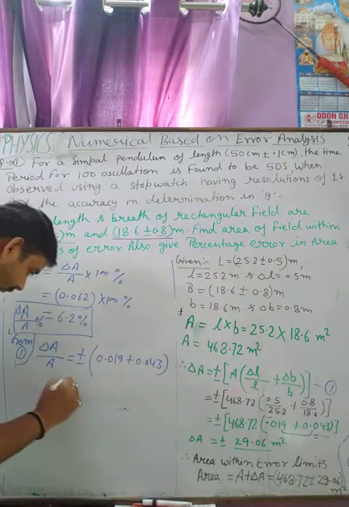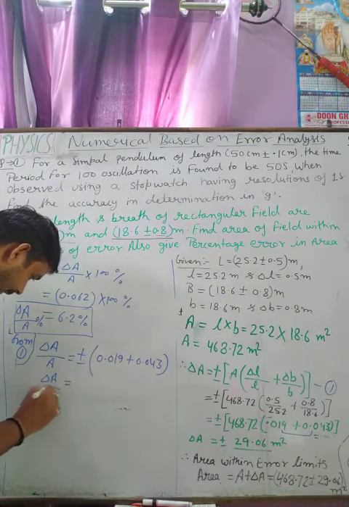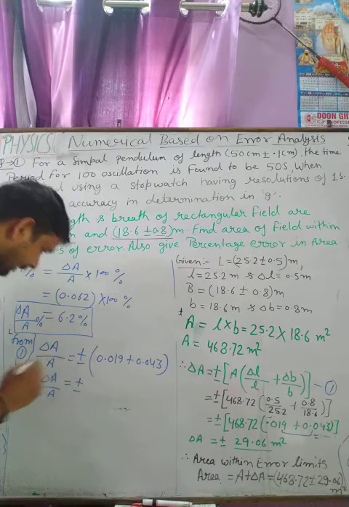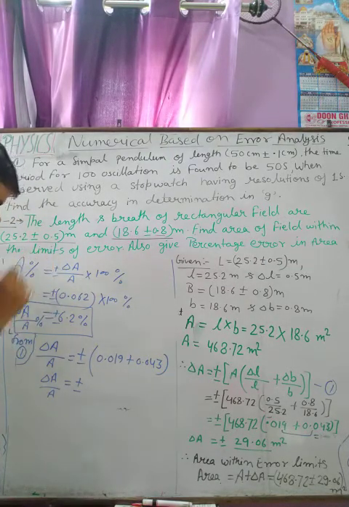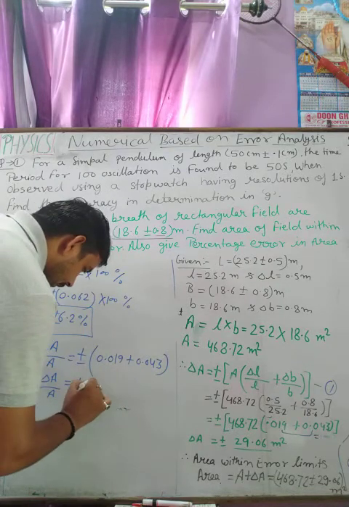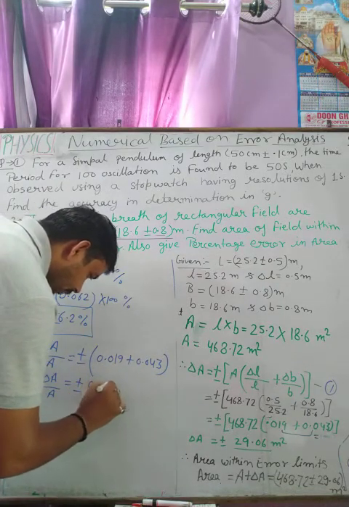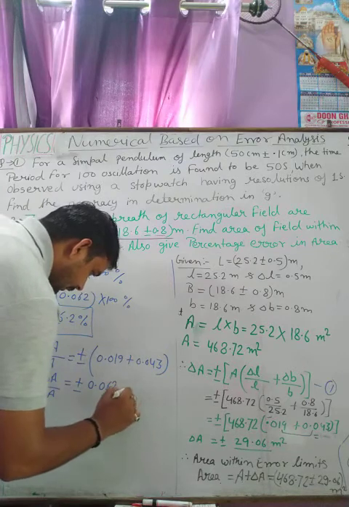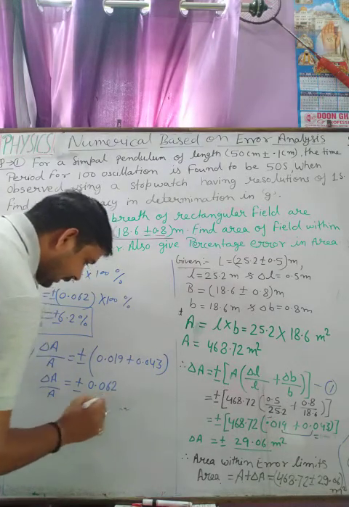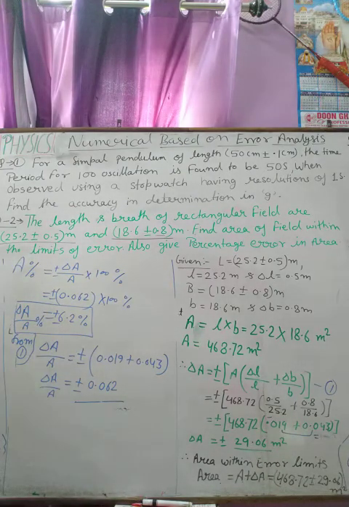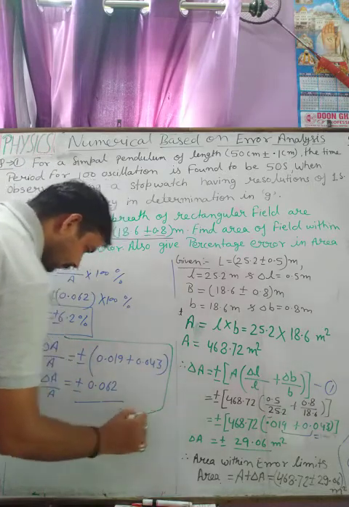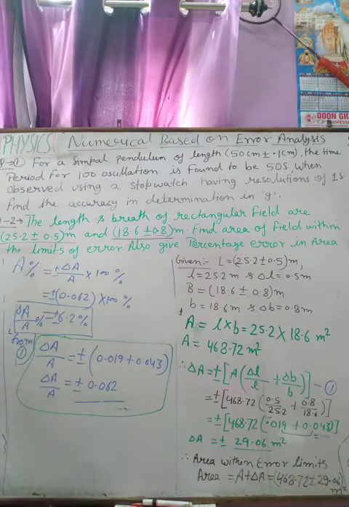When we solve this we get del A upon A plus minus 0.062. ओके, ये हमारे पास आता है और when we solve this so we get this result. So copy this all.